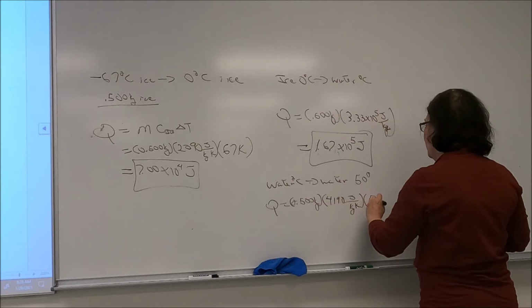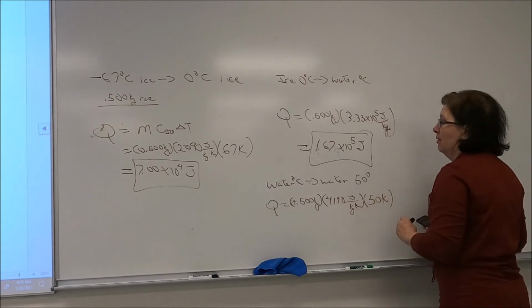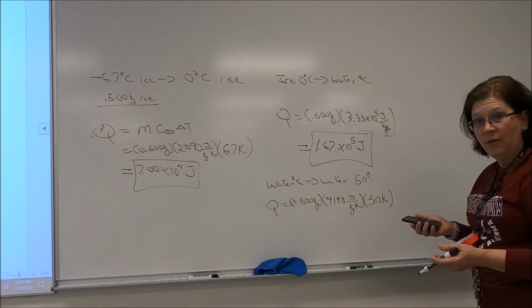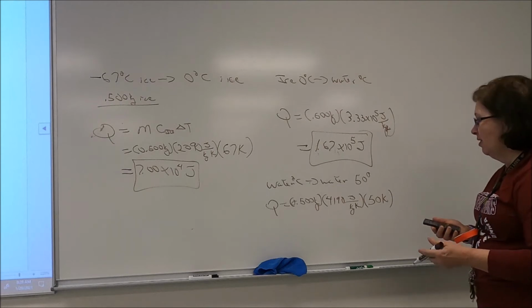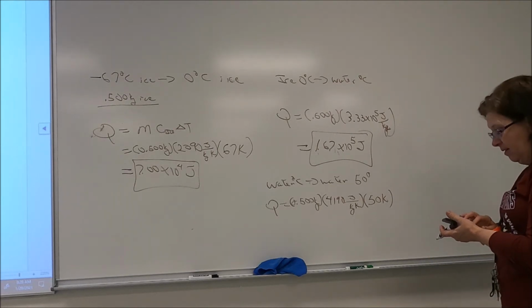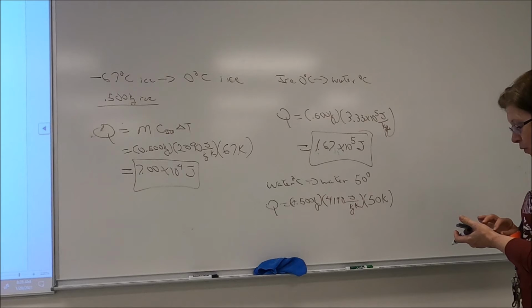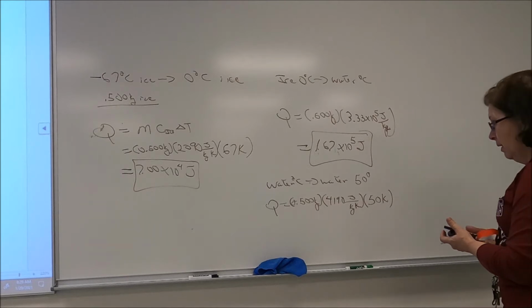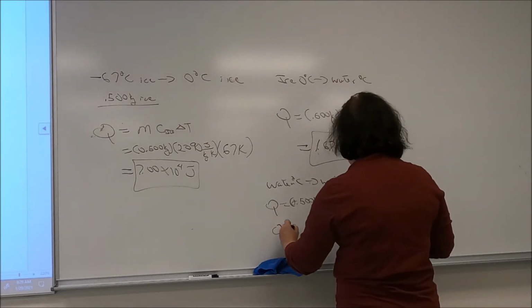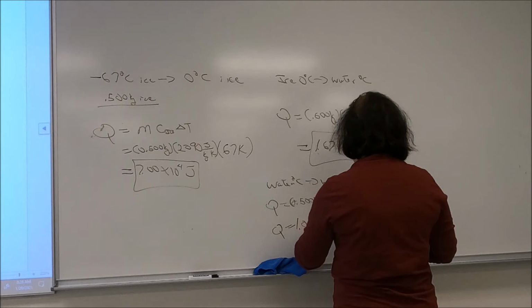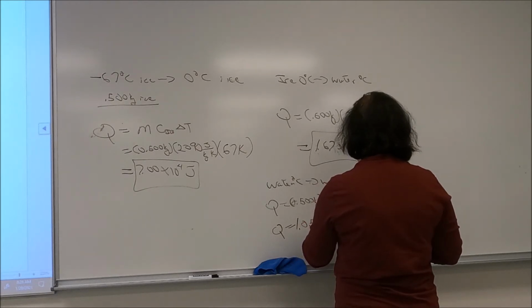And our change in temperature is 50 K. It's a change in temperature of 50 degrees C, which is the same as a change of 50 Kelvin. So 50 times 4,190 times 0.5 gives me a Q here of 1.05 times 10 to the 5 joules.